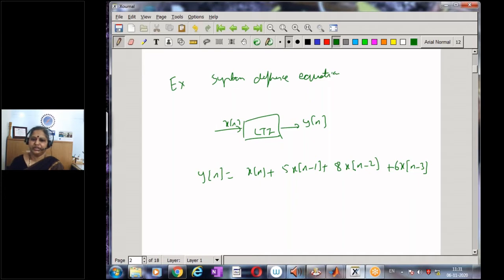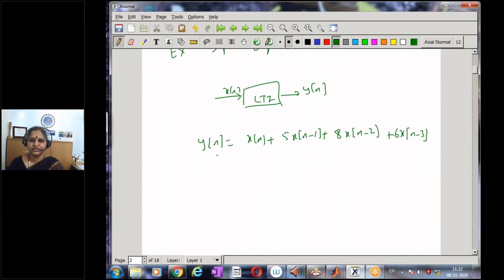We are taking a finite number of terms and say this is our difference equation. So this is given to us, and let us try to compute one method of representing it, that is, let us try to compute the impulse response of the system h of n.